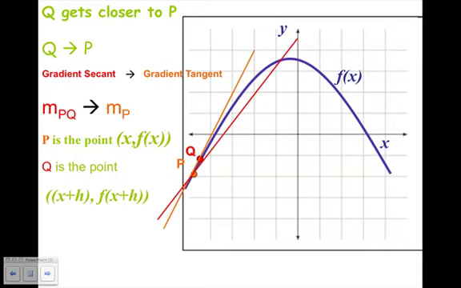In other words, if P is at the point x, then Q is at the point x plus h. Similarly, if P is the point f(x) along the y-axis, then the distance vertically up to Q is f(x plus h).